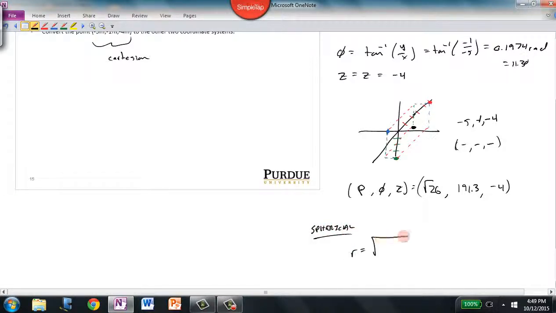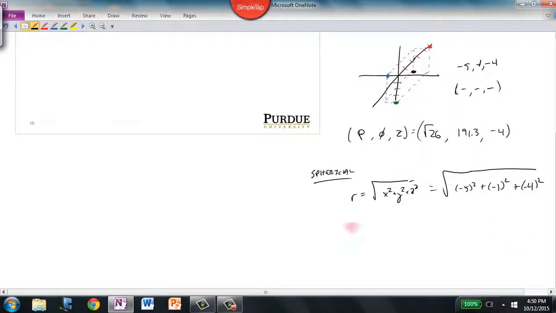r is equal to the square root of x squared plus y squared plus z squared. So that's equal to the square root of -5 squared plus -1 squared plus -4 squared. So the radius of that sphere is going to be 6.5 meters. Theta is equal to the inverse cosine of z over r.